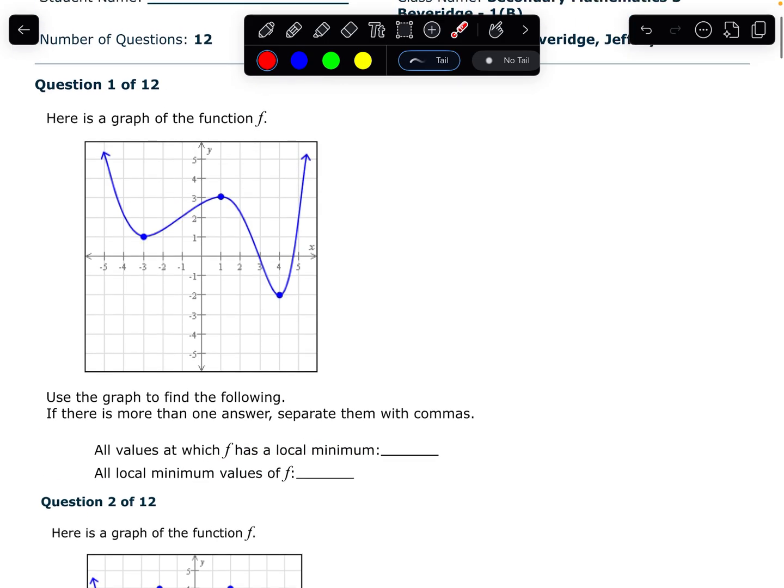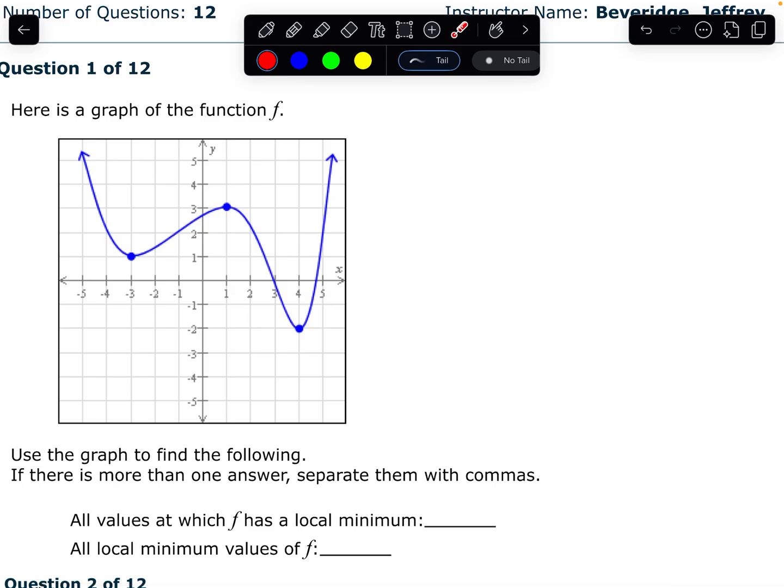Looking at this graph, a local minimum is not necessarily the lowest point on the graph, which would be right here. This is a local minimum, but it's actually also an absolute minimum. It doesn't really ask for that, but it's a local minimum and also an absolute minimum.